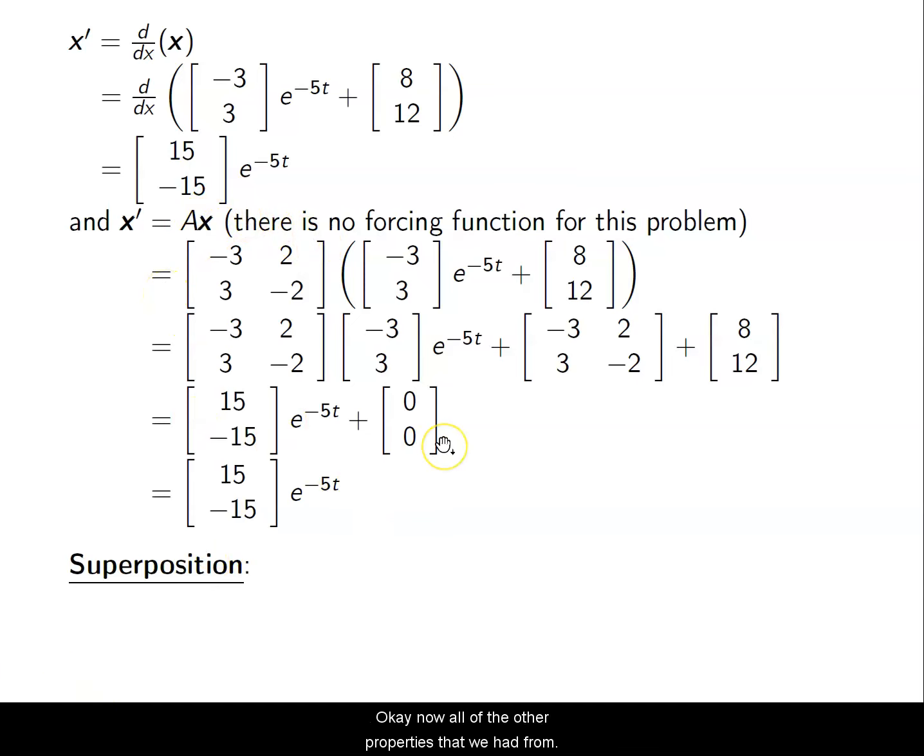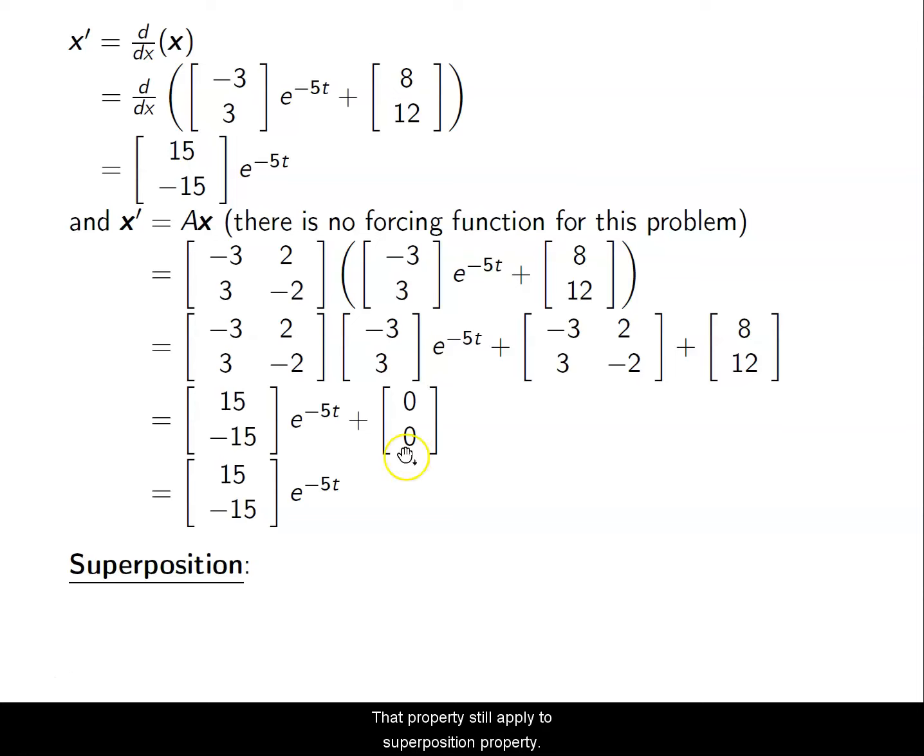Okay, now all of the other properties that we had from this course so far, they all apply here still, okay? Things like the superposition principle, which is how we are able to add the general solution vector to the homogeneous equation to the particular solution to the non-homogeneous equation, right? We're able to add two solutions to get a single solution.